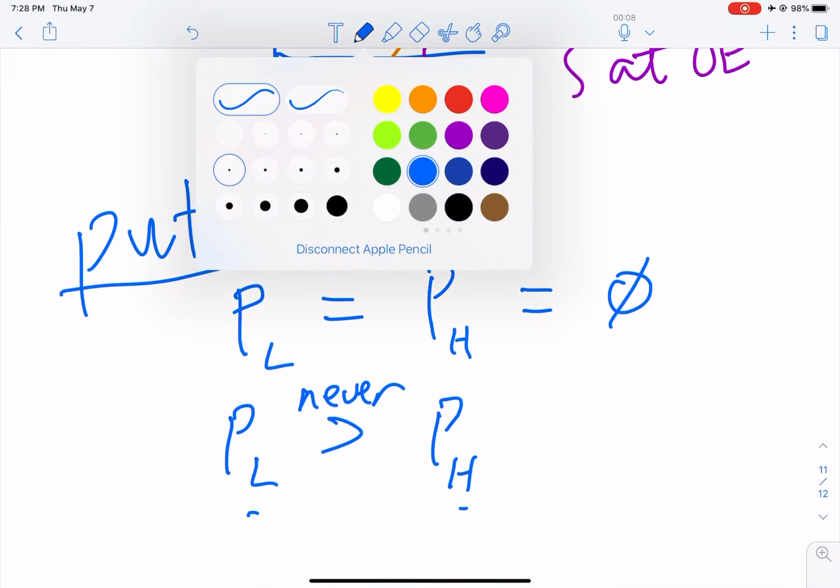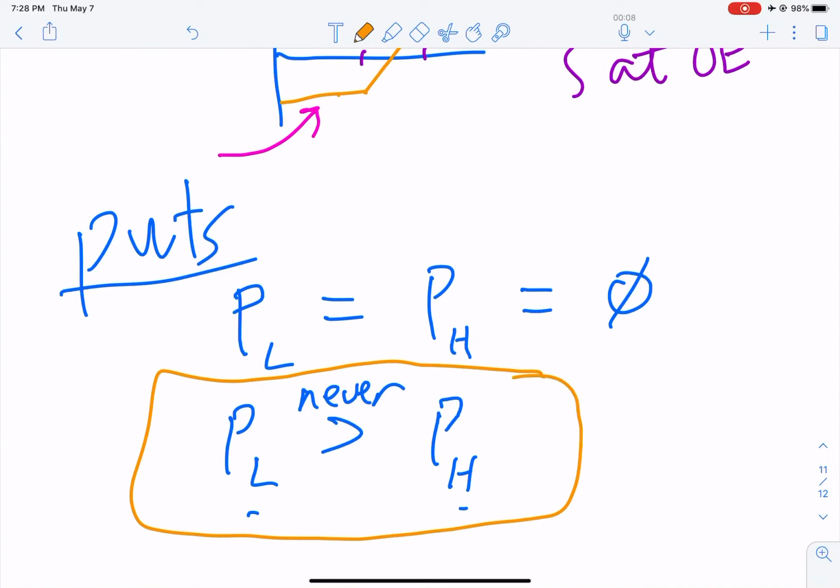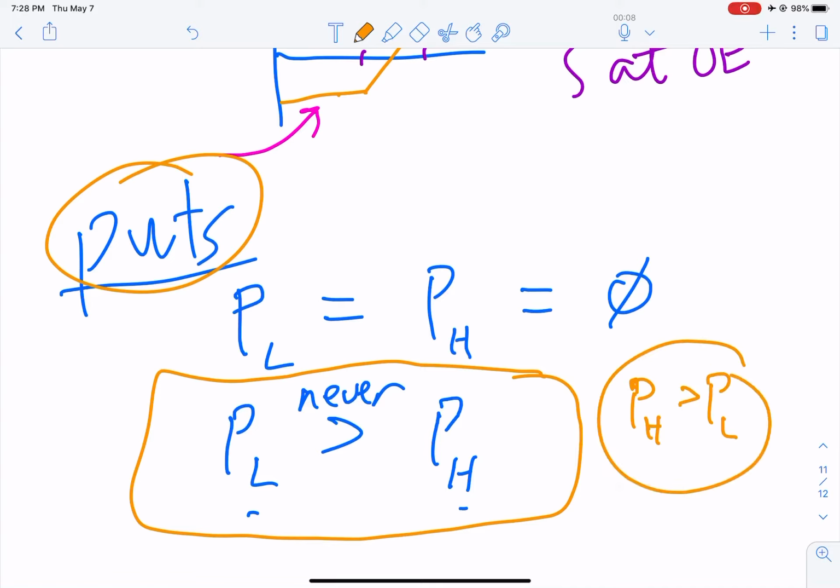Okay, this is our condition for puts. The market price of the lower strike put in equilibrium can never be greater than the price of a higher strike put. Almost always, the price of the higher strike put will be greater than the price of the lower strike put.